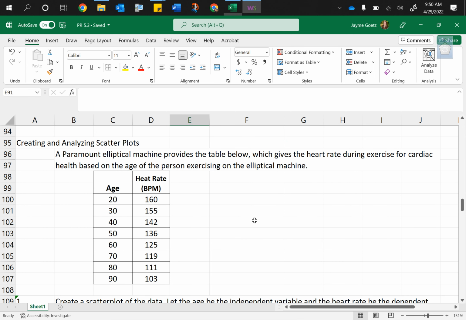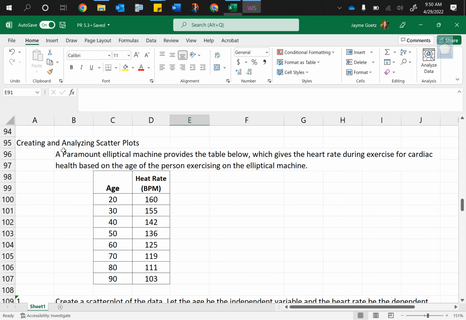Now, the next thing we're going to talk about is how to create and analyze a scatter plot. Okay? We're going to create and analyze a scatter plot. When we created histograms back in the day, it's really not much different and it's very quick. So, a Paramount elliptical machine provides the table below, which gives the heart rate during exercise for cardiac health based on the age of the person exercising on the elliptical machine.